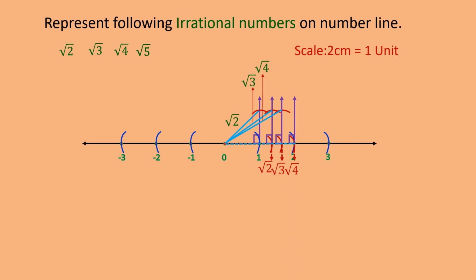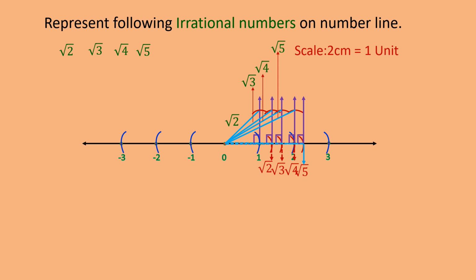Again at root 4 we will draw a perpendicular, an arc will be drawn, and we'll get a new hypotenuse, which will be root 5. See here, now again we fix that as a radius and cut an arc from 0 on the horizontal line. So we will get an arc which will become root 5.